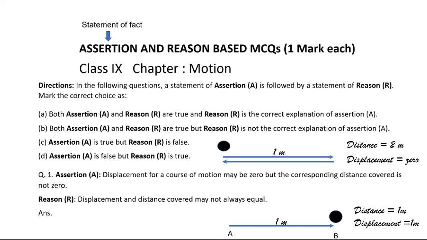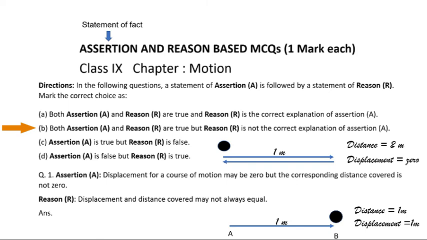But here the reason is displacement and distance covered may not always be equal. That's a correct statement, but that is not the reason for the first assertion. So which one of these two will you choose? B. You can even go through C and D, which you will find are not correct. So B is the correct answer for this.